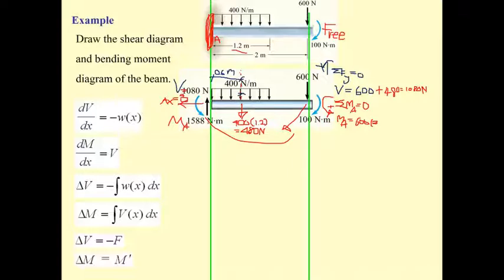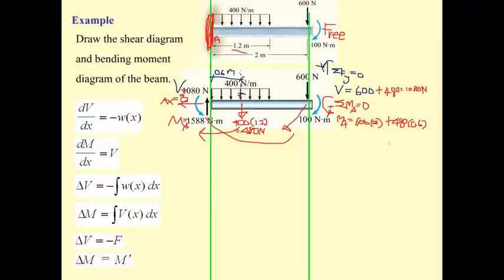And the resultant from this uniformly distributed load also rotates in the opposite direction, so plus 480 times 0.6. When you do the computation, you get M sub A of 1588 Newton meter.